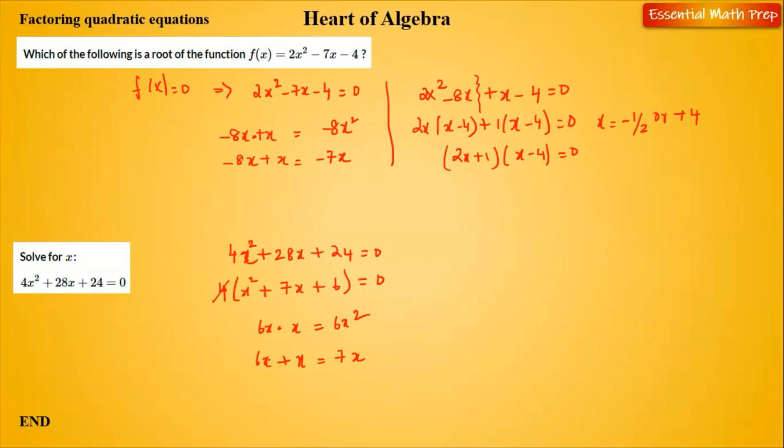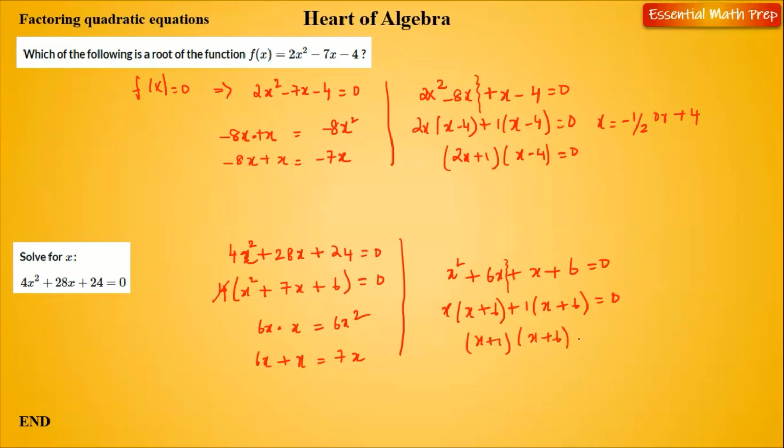So we substitute 6x plus x in place of 7x, which would give us x squared plus 6x plus x plus 6 equals 0. If we split this right here and take x as a common factor, then you get x times x plus 6. Plus there's nothing to take out here, so let's take 1 as a common factor, times x plus 6 equals 0. So x plus 1 times x plus 6 equals 0. x equals negative 1 or negative 6.